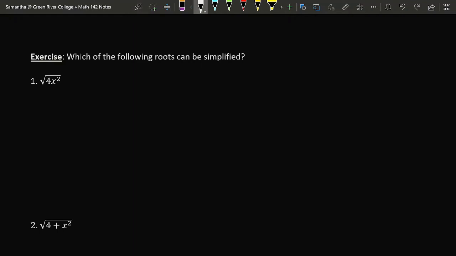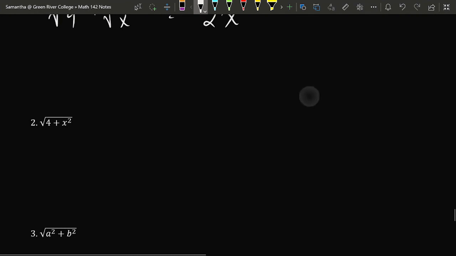If I have a square root being applied to a product 4 times x squared, then I can split that up as the square root of 4 times the square root of x squared. So that would be equal to 2 times x. However, if you replace that multiplication with an addition, all of a sudden now you have a square root that can't be simplified at all.